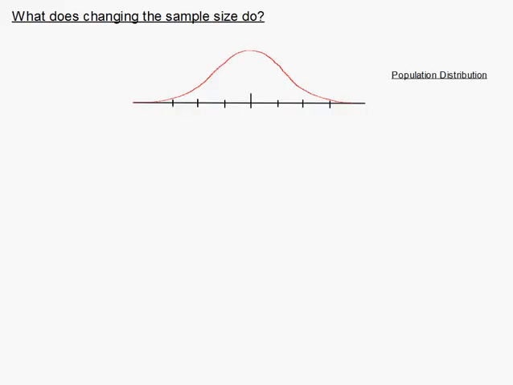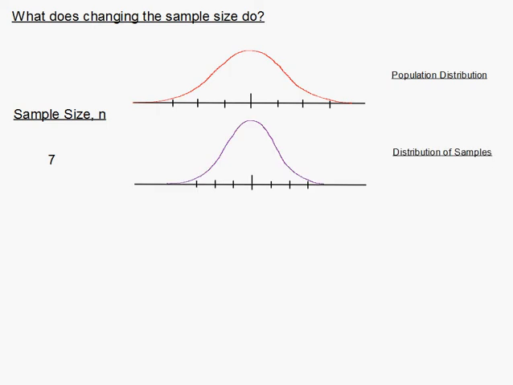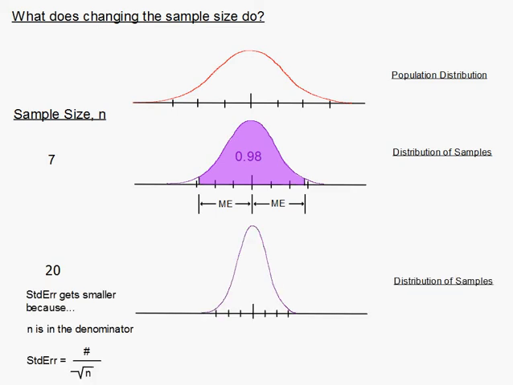If we look at a population distribution and we take a sample size of 7, for example, we get a sampling distribution. And that sampling distribution, if we look at a 98% confidence interval, will have a certain margin of error, like what we calculated before. If we then take a sample of 20, what happens to the sampling distribution?